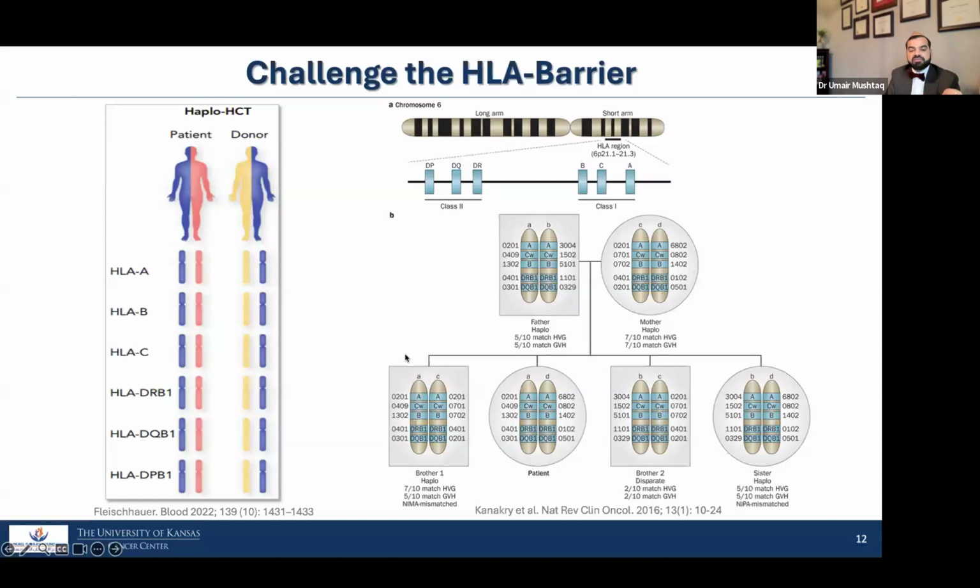And the degree of HLA mismatch in haplotransplantation is not as important. There is some importance to where the mismatch is, and that determines some of the graft versus host disease and relapse issues, especially if you're doing transplantation for malignant disease. We will make these slides available, and I'm available for any questions later on as well.